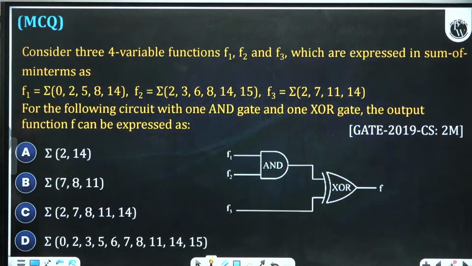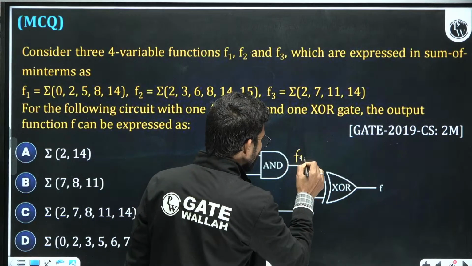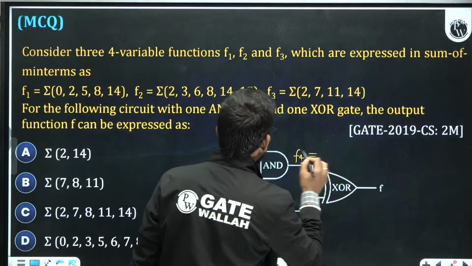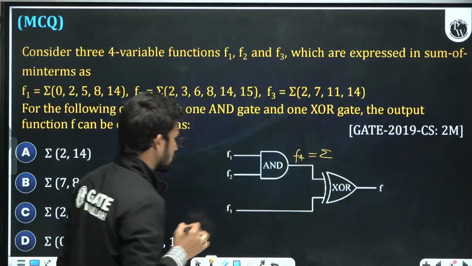Now consider the 4 variable functions f1, f2, f3 which are expressed in sum of minterms, for the following circuit with one AND gate and one XOR gate, the output function. So let us assume this to be f4 and this to be f3. It is already f3. What will be f4? The SOP expression of f4 will be what?